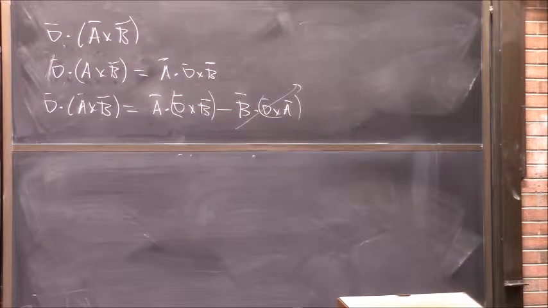Okay? Now, I can change this to a del prime if I put a minus sign, because these are derivatives of r prime, that's derivatives of r, there's just a minus sign difference.